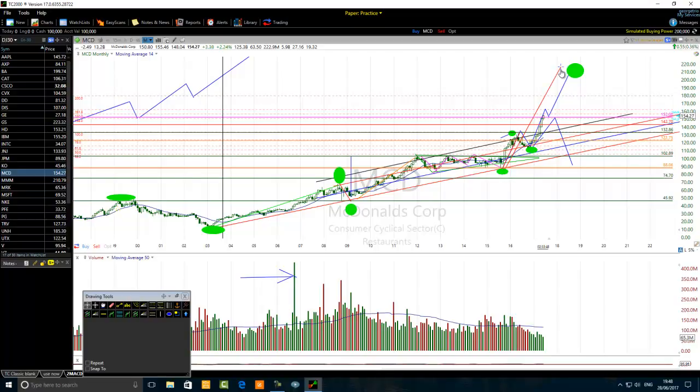The third minor wave of the real third wave. And then we will expect the fourth minor wave of the real third wave, followed by the fifth minor wave of the real third wave. And then we will expect the real fourth wave somewhere in this zone, followed by the real fifth wave that will go above it.